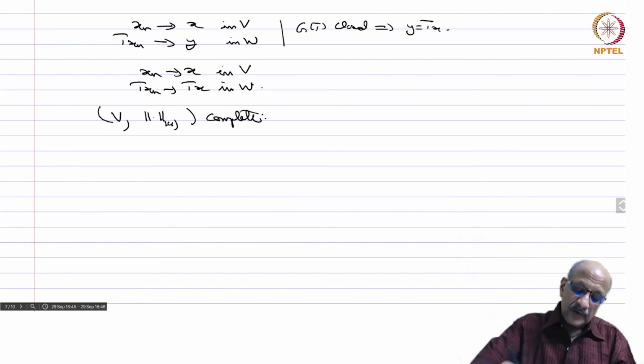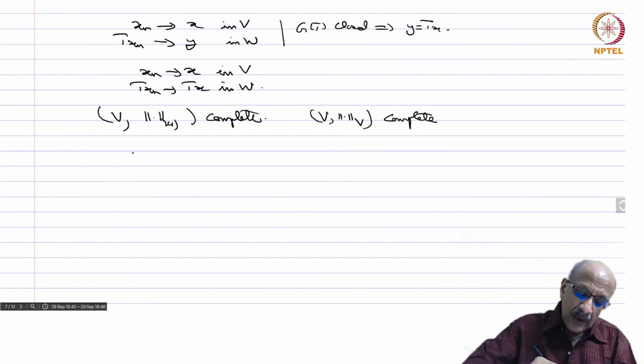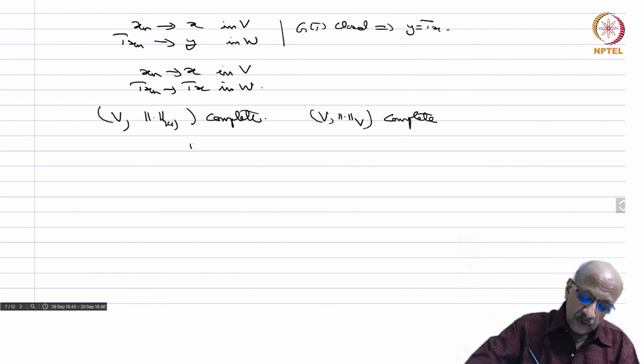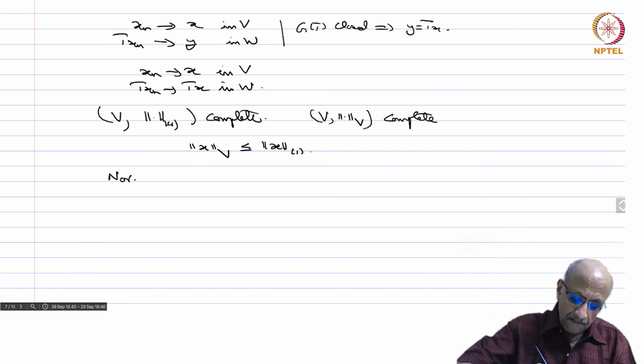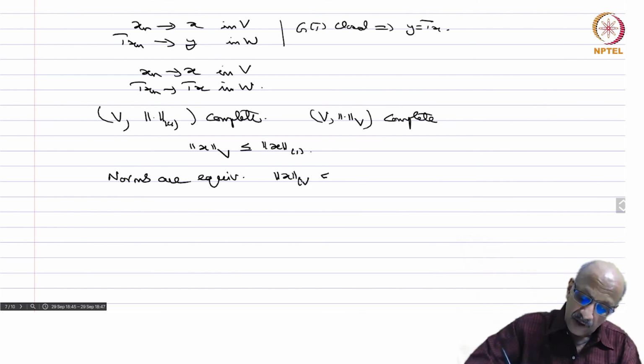So V with norm 1 is complete, V with norm V is also complete, that we already know because it is a Banach space, and you have two norms on it, and you also know that norm x in V is less than or equal to norm x1. Therefore, norms are equivalent. Therefore, norm x1 is less than or equal to C times norm x in V. What is norm x1?